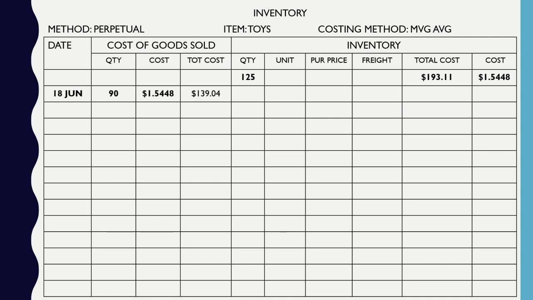Once again, I calculate what that total is to give me $139.04. Subtract that out to give me a total of 35 units remaining at a total cost of $54.07. Once again, I need to recalculate my average cost per item. In this case, it's $1.5448, so it's still the same.